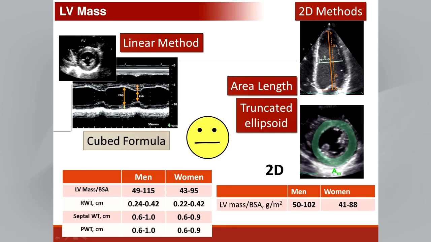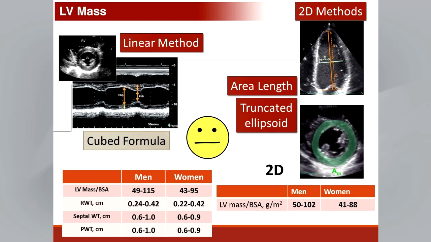So, regarding left ventricular mass, there are not many big changes from the previous manuscript. Let me just tell you that a linear measurement, or the cube method, to measure M-mode is probably still useful when we need to screen or study a large population.